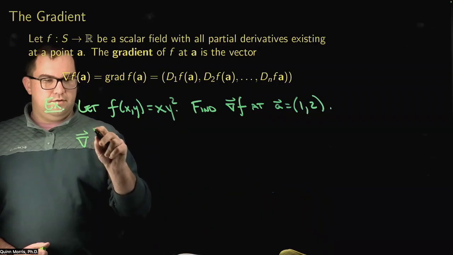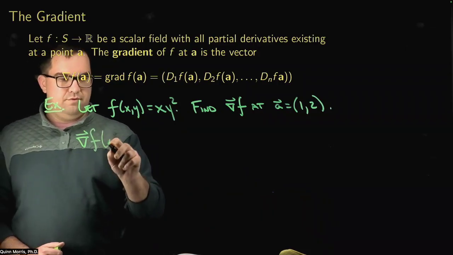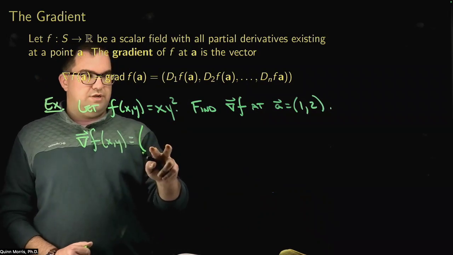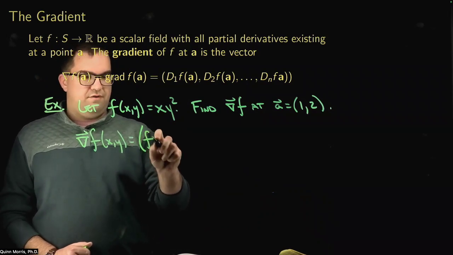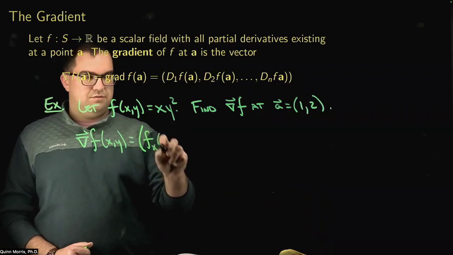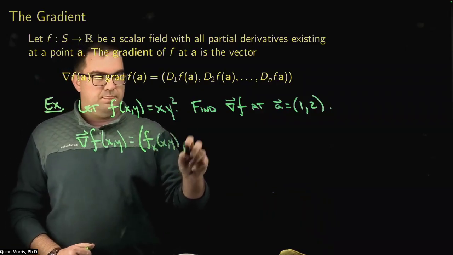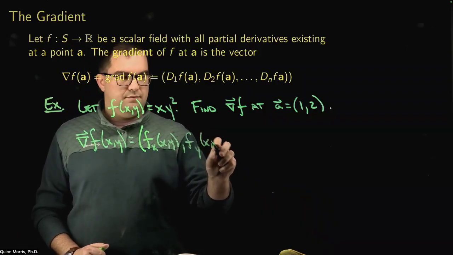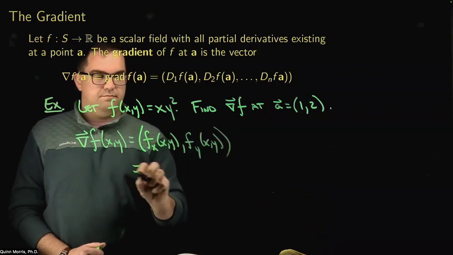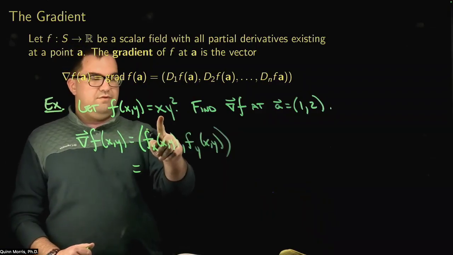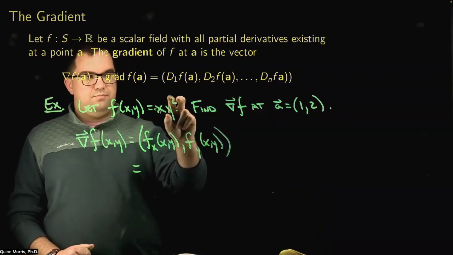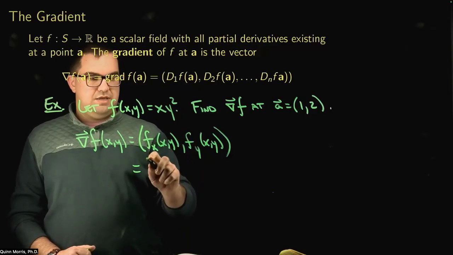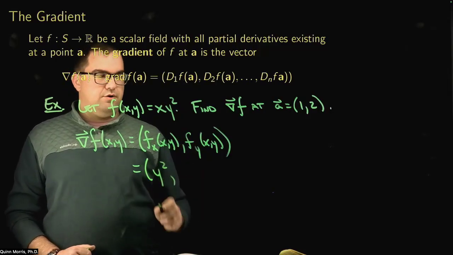Okay. So to form the gradient vector, the gradient of F, just at an arbitrary point x, y. The first entry is going to be the partial derivative of F with respect to x. The second entry will be the partial derivative of F with respect to y. So for the partial derivative of F with respect to x, I pretend y is constant. Then I've just got constant times x, so that's just y squared.